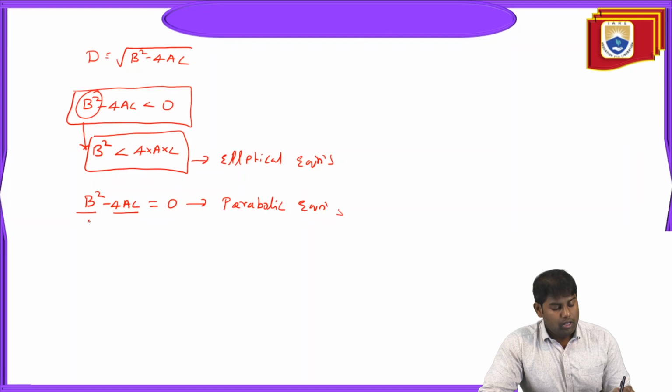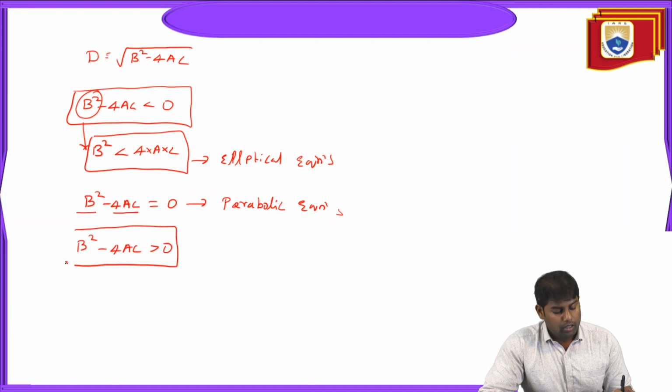Next, we have one more thing, which is b square minus 4ac greater than 0, which is called hyperbolic equations.